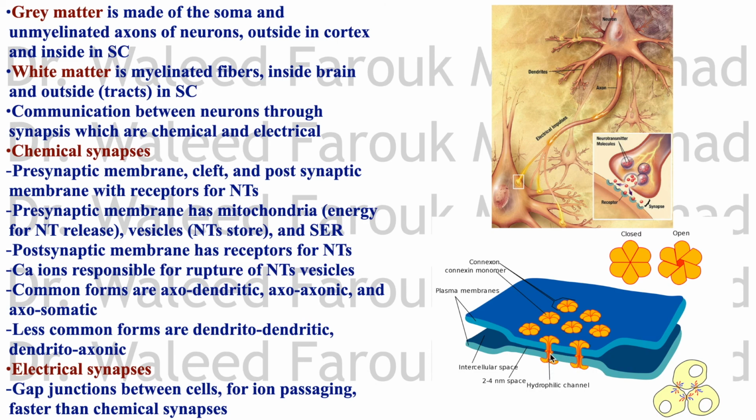See, ions pass through these connexons, and it's faster than the chemical synapses. So, this is the way neurons communicate by synapses, either chemical or electrical synapses.